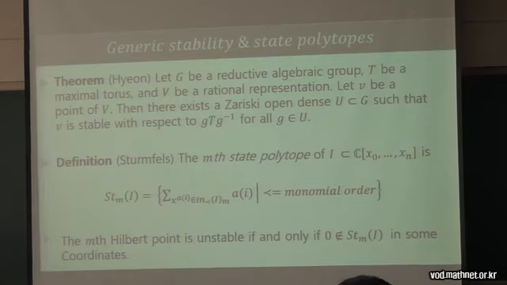You're taking the convex hull of those points, and GIT says the mth Hilbert point is unstable if and only if zero, or rather the barycenter, the origin, is not contained in the state polytope.